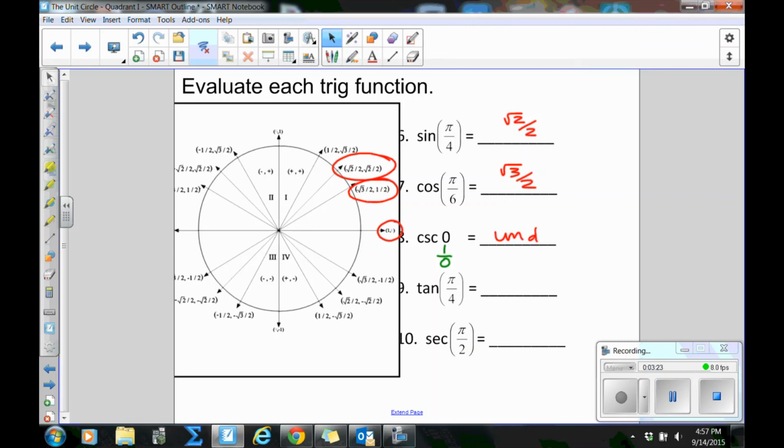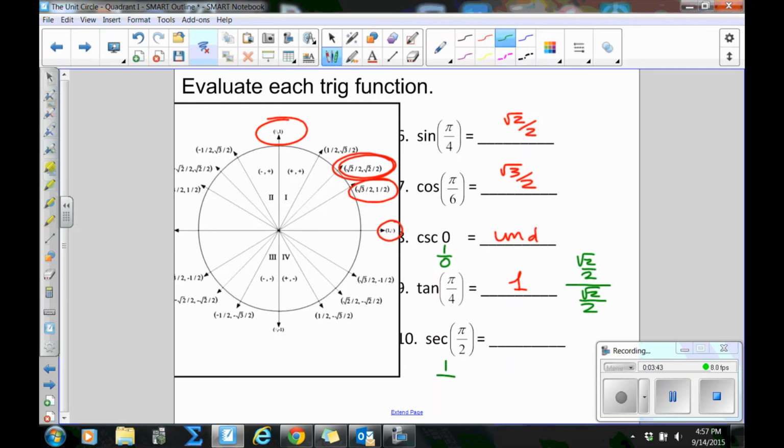Tangent of pi over 4, after this ordered pair, is sine over cosine, and anything divided by itself is 1. Secant of pi over 2 is the reciprocal of cosine. The reciprocal of 0 is always undefined. If you have the unit circle memorized, it makes evaluating trig functions very easy.